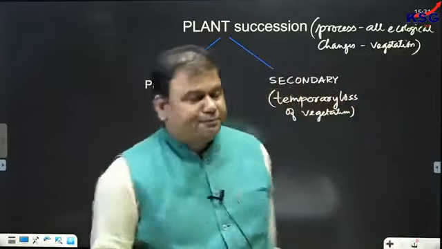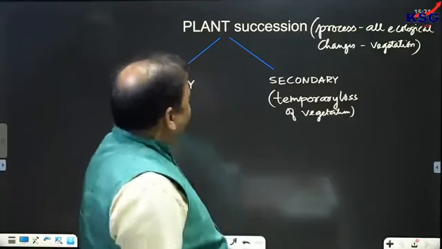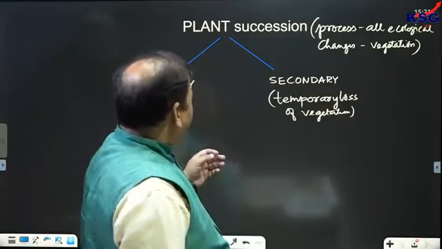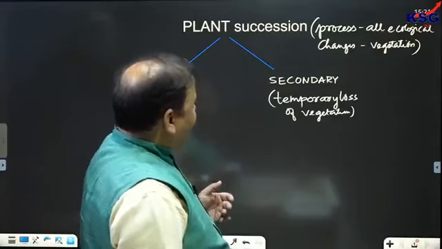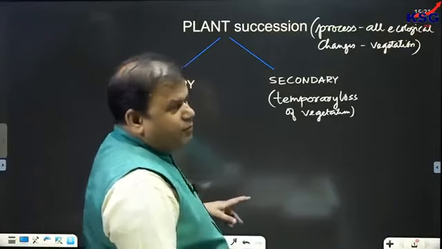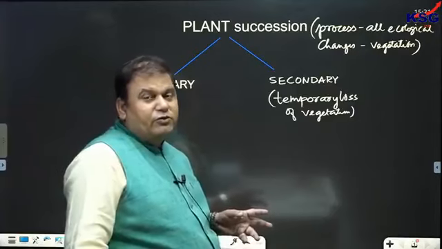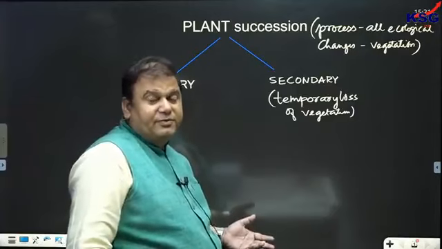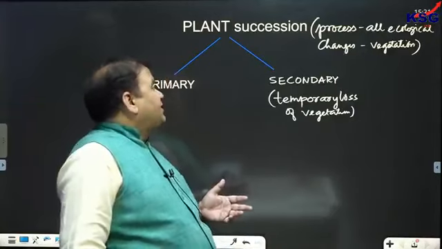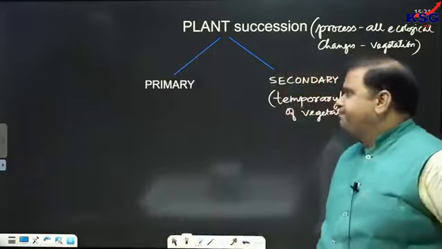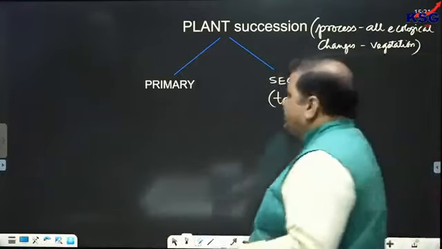And the plant succession would be of two types, primary and secondary. Primary plant succession would be a plant succession which takes place in those areas where there was no vegetation from the very beginning. Write down, plant succession can be of two types. Primary plant succession.